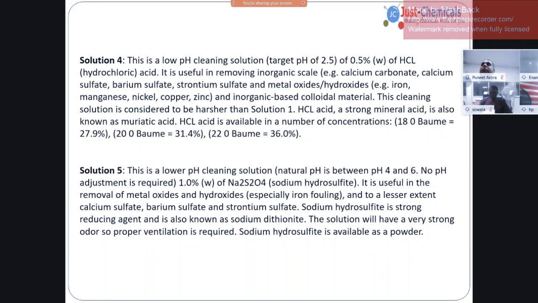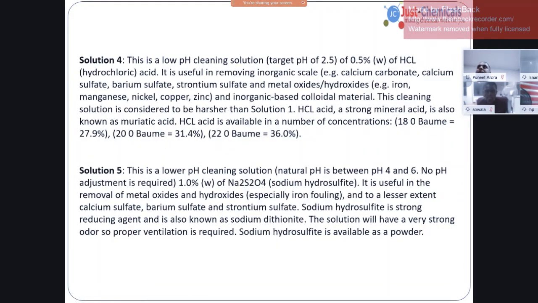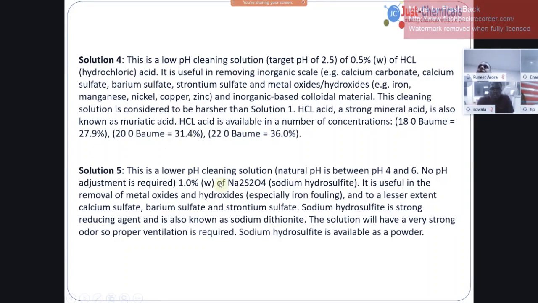Okay, in the harsher solution, where 5 is required, is metal oxides. When it is metal oxides fouling, we need to use 5. So it is sodium hydrosulfite which is used.